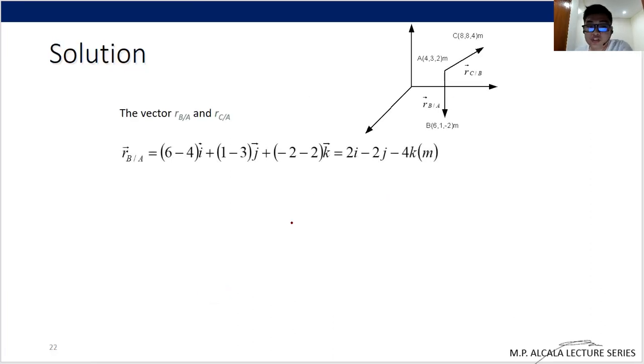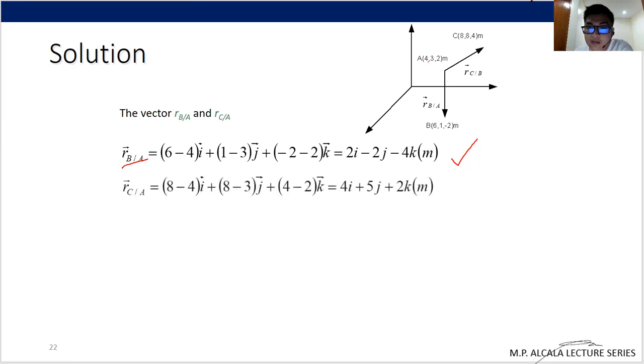So, getting the position vectors, basic na to, no? We have already identified the 6, 1, negative 2. So, 6 minus 4, 1 minus 3, negative 2 minus 2 for the position vector RBA, and for RCA it is simply 8 minus 4, 8 minus 3, 4 minus 2.